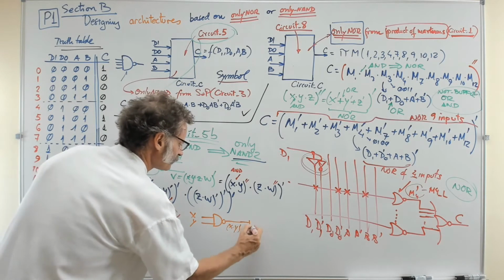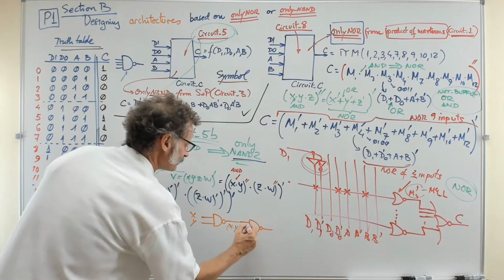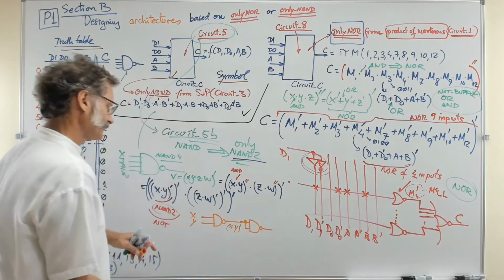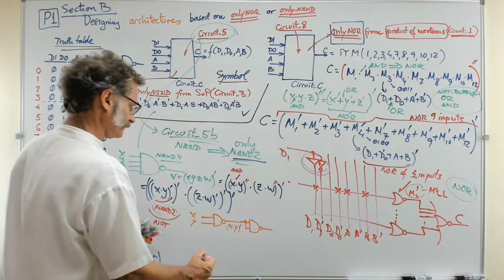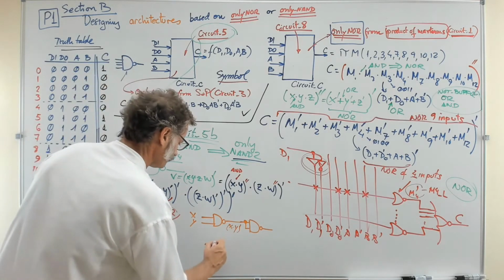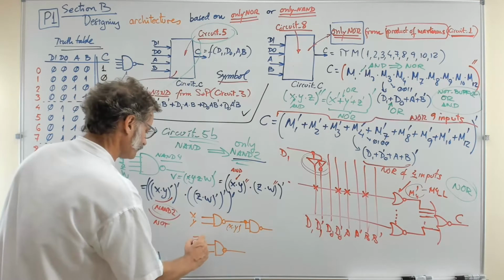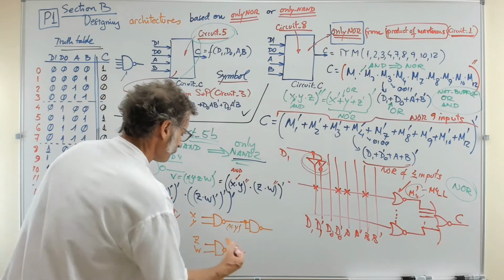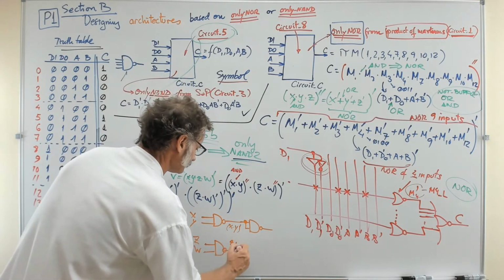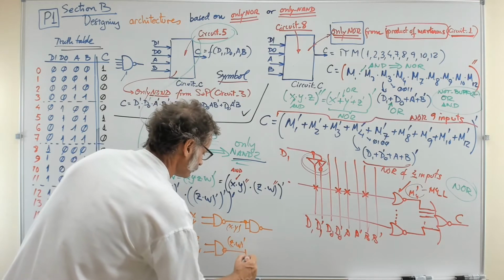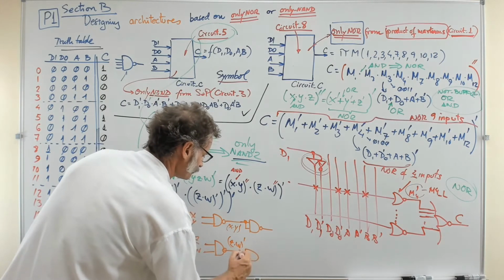Then you have another one, just like this, which is the NOT. Then you have to do the same for the other terms, Z and W. So this is Z and W NOT, and another gate here does the job of inverting.